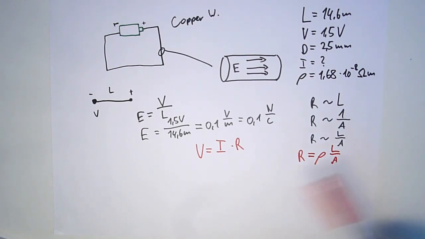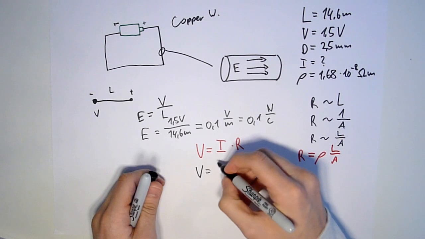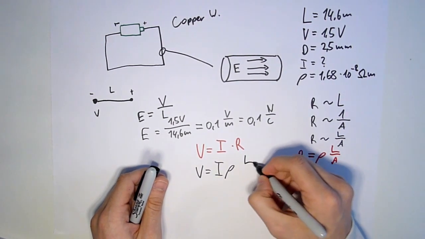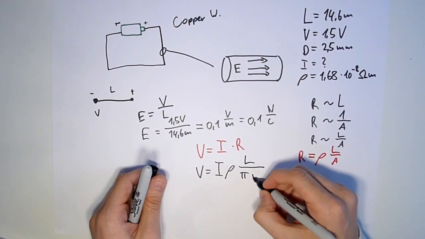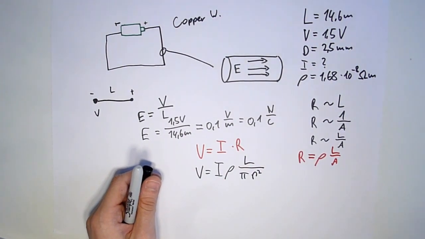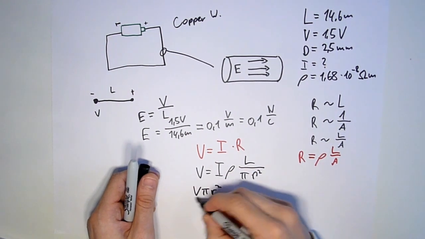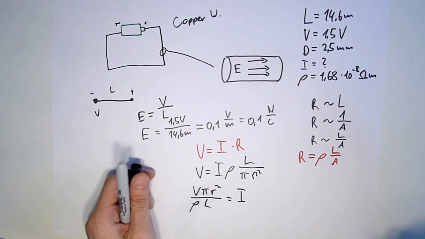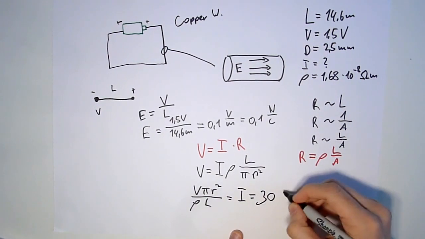We can plug this into our Ohm's law, and that will yield an equation that looks like this: V equals I times rho L over A, and we know the cross-sectional area is going to be pi r squared. We do some algebra, we end up with an equation that looks like this. We plug in all the values and we will get a current of 30 ampere.